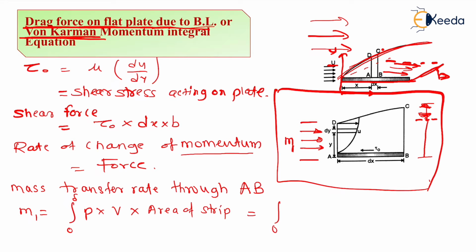Hence 0 to del rho into, here velocity entering in section AD is u, so rho into u into width is b, and height, any height, is dy. dy is the depth at which small u velocity is being calculated, so it is dy.